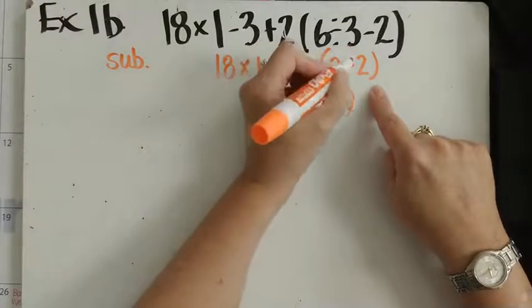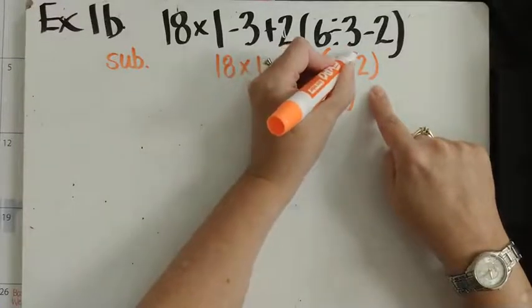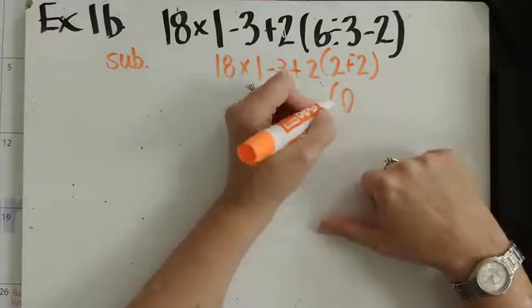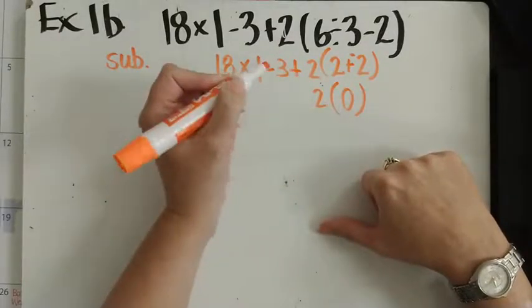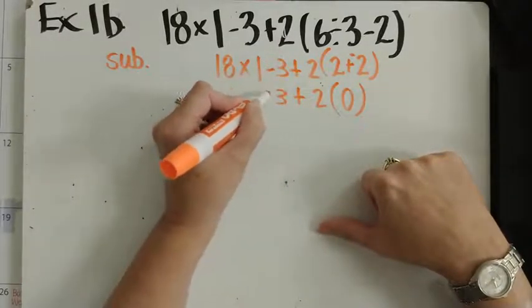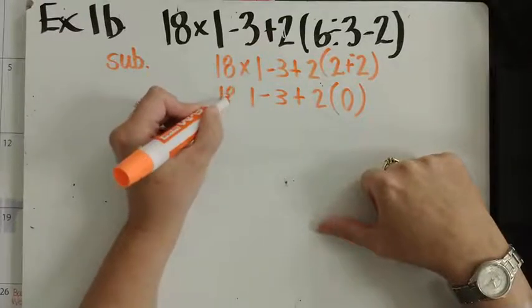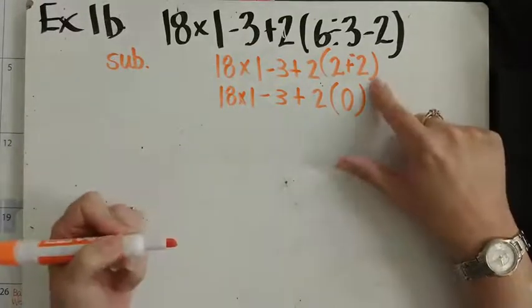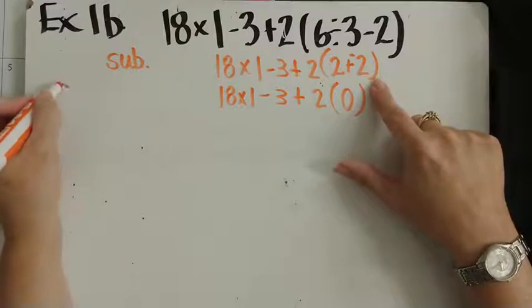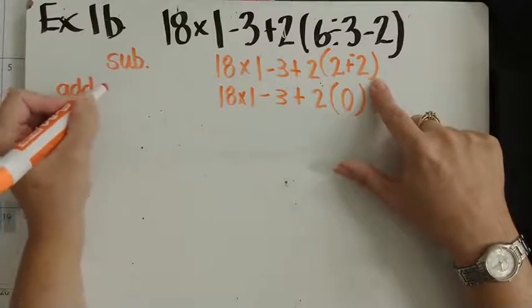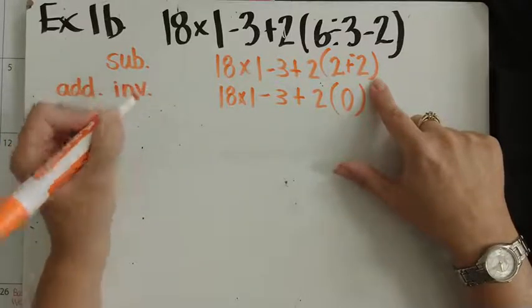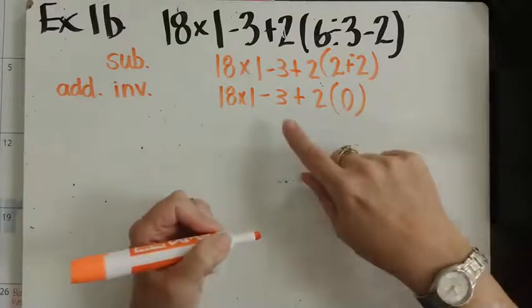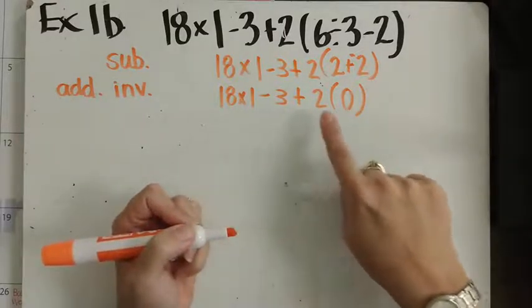Continue inside your parentheses. 2 minus 2 is 0. And this is the same as adding its opposite. So we have 0, and I'm going to bring down the rest of my problem. Adding the opposite is called additive inverse. Now we have multiplication here and here.